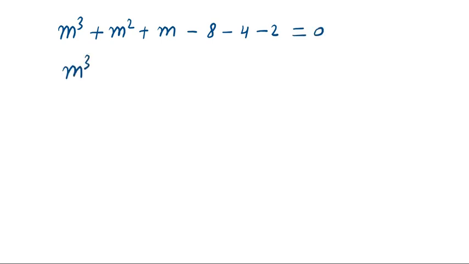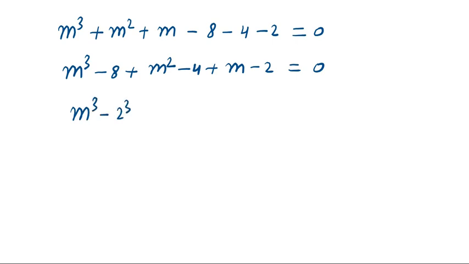M cube minus 8 plus m square minus 4 plus m minus 2 is equal to 0. M cube minus 8 is 2 power 3, plus m square minus, and we can write this 4 as 2 square, plus m minus 2 is equal to 0.